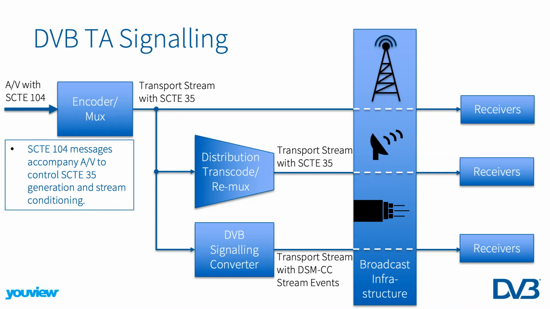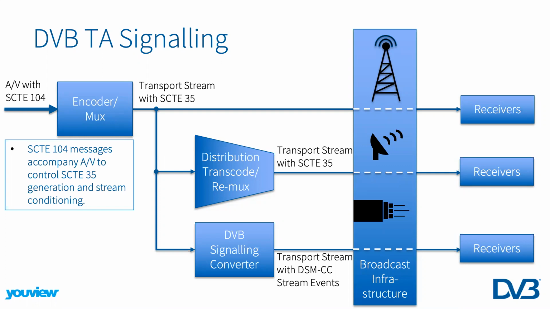And very helpfully, the encoders that support SCTE 35 generation are quite widely available, and they also combine the generation of SCTE 35 messages with stream conditioning, meaning that at the point where a stream switch or splice needs to be done, a random access point is generated to facilitate the splice being seamless.